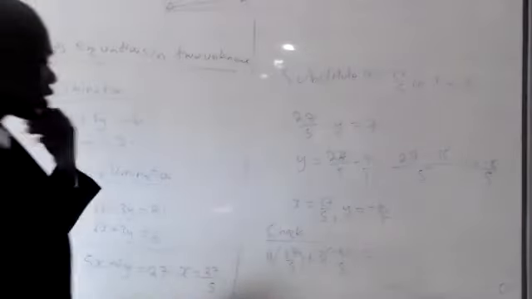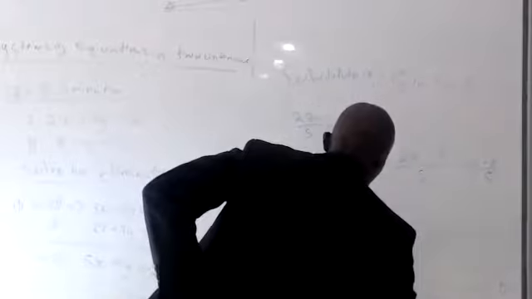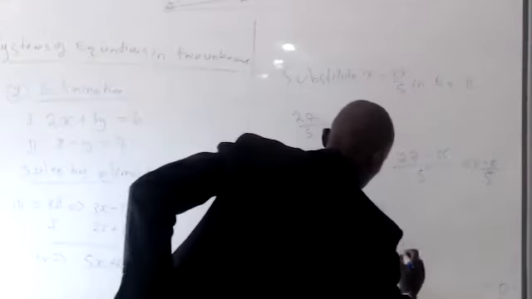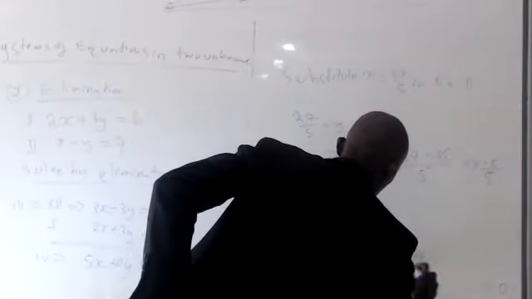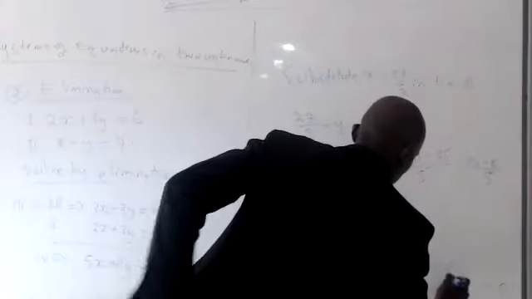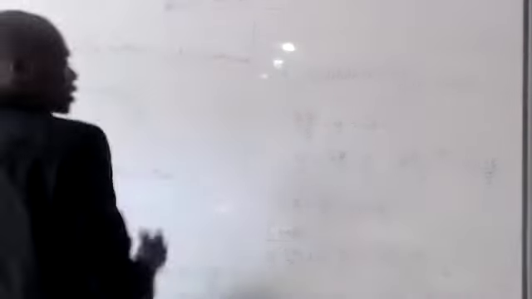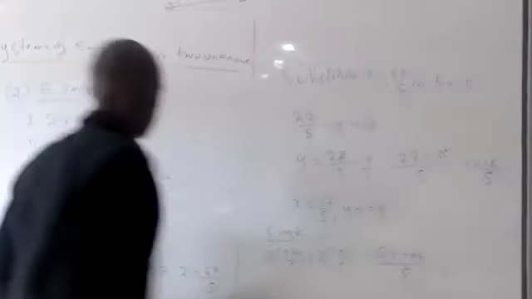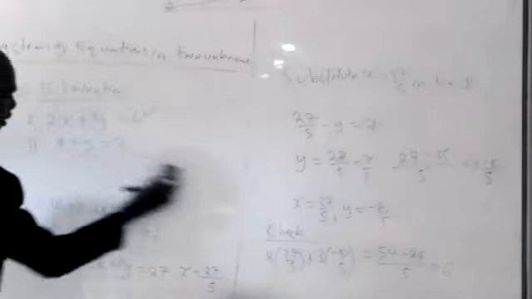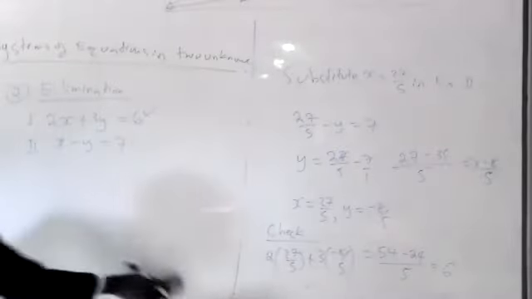So 2 times 27 is simply 54. 3 times 8 is 24, so minus 24 divided by 5. 30 divided by 5 is 6. So the first one is checked. Okay, let us check the second. Allow me to wrap this part.